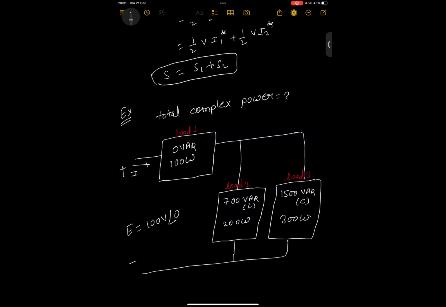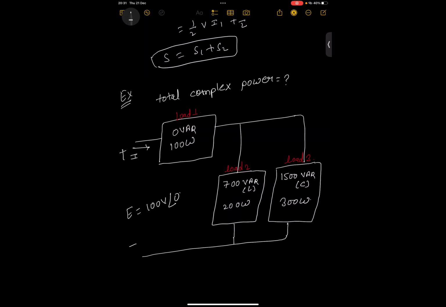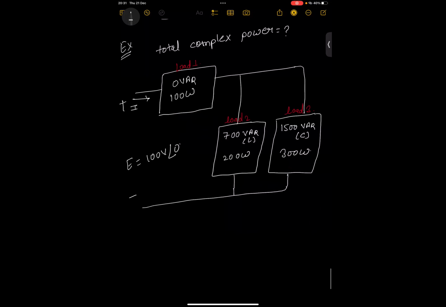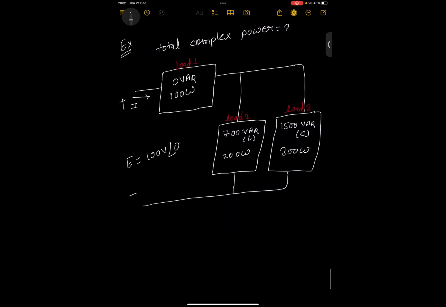Okay. So we have to calculate the total complex power. So you know for load 1 Q1 is equal to 0, Q2 equal to 700 and Q3 equal to minus 1500, because capacitance reactive power is always taken negative.